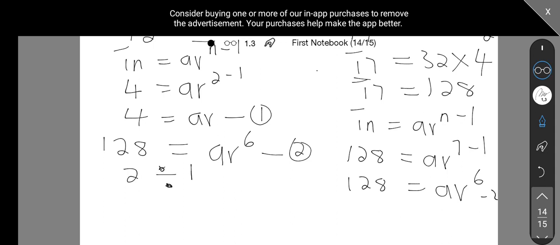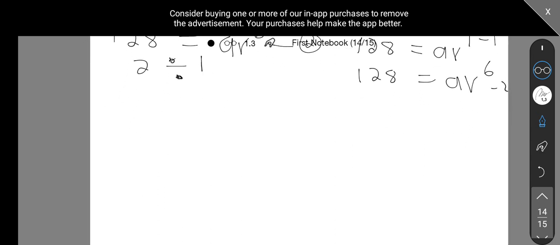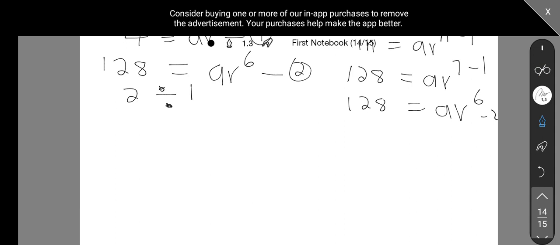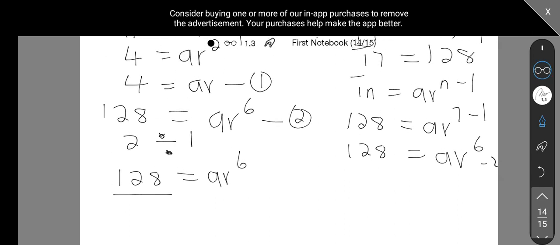In most cases, a geometric sequence has a lot to do with division. So we're going to say 128 is equal to ar to the power of 6, divided by, what is the left hand side in the first equation? That is 4, divided by ar.